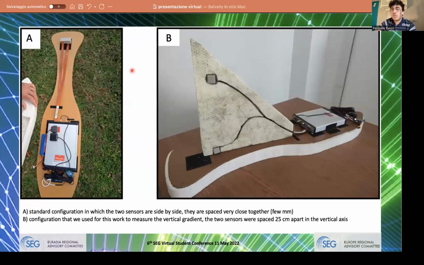In this study, we used the Geometrics FAM magnetometer in the development kit version, as shown here. This allowed us to change the configuration of the magnetometer and test a vertical gradiometer, spacing the two sensors 25 centimeters apart on the vertical axis using this polystyrene support.